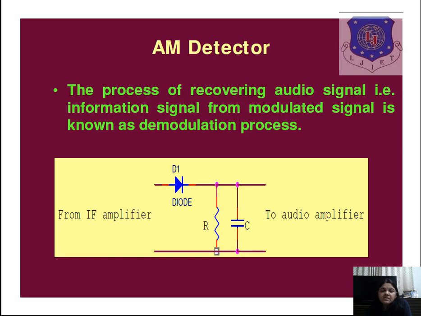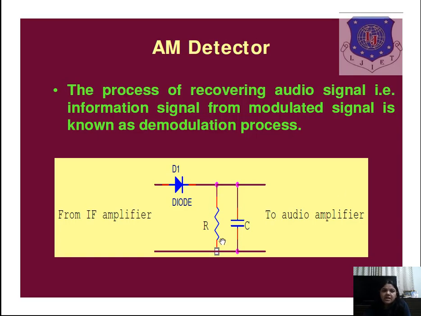Here the diode is used as a detector, and it will pass only the low frequency, while the high frequency content is removed. The diode is used as a filter, specifically a low pass filter, so it will pass the low frequency and attenuate the high frequency.